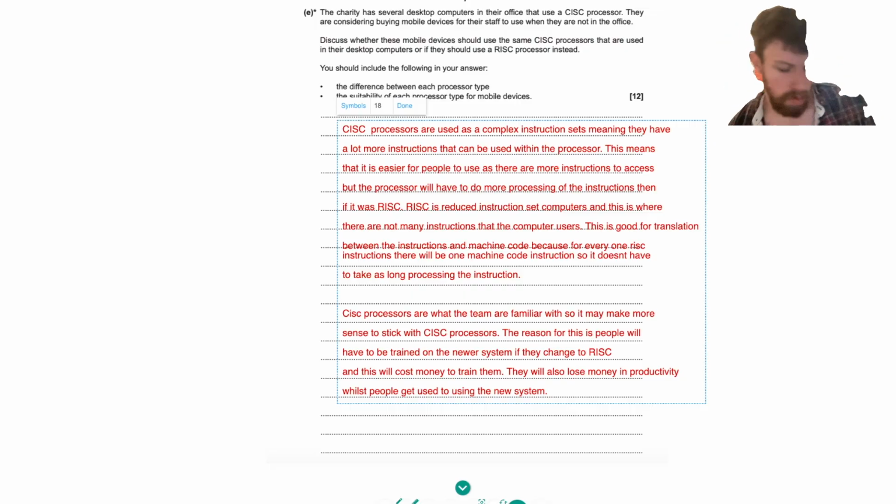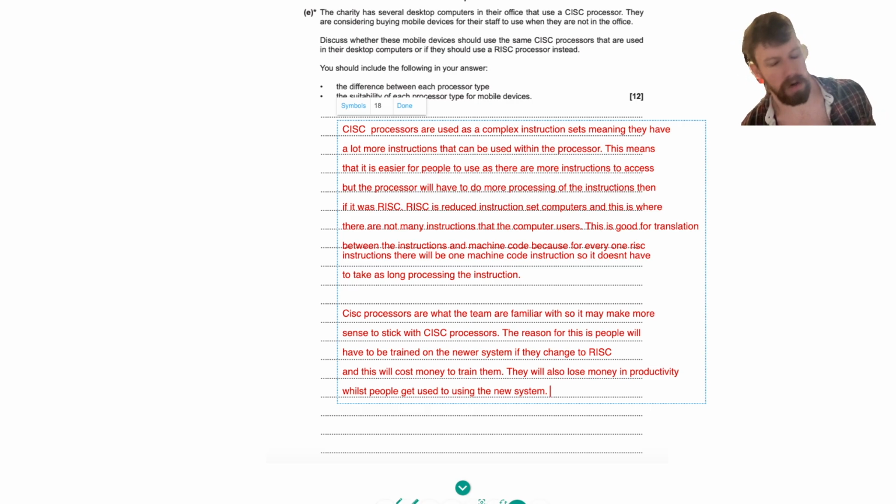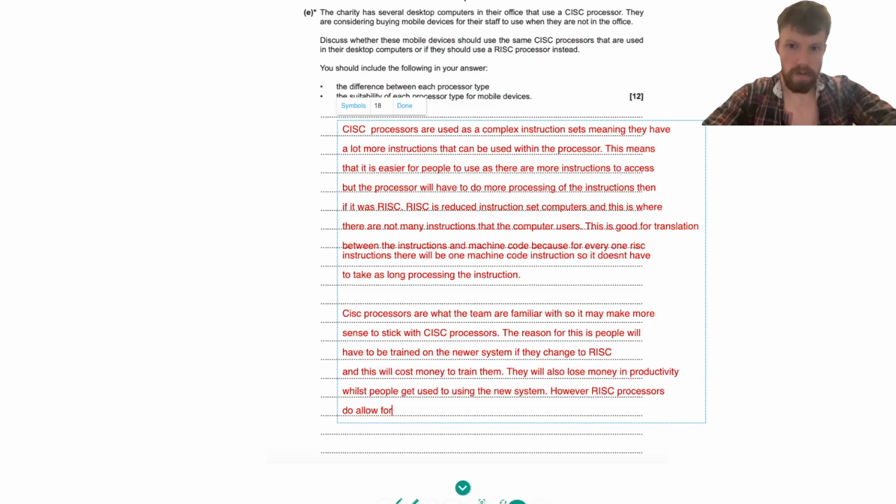So there's that. Now, what we've got to do as well, because it says discuss, is that they're trying to see if you understand a conflicting argument on either side. So then we need to say, however, RISC processors do allow for pipelining, and this will improve processing speeds dramatically.